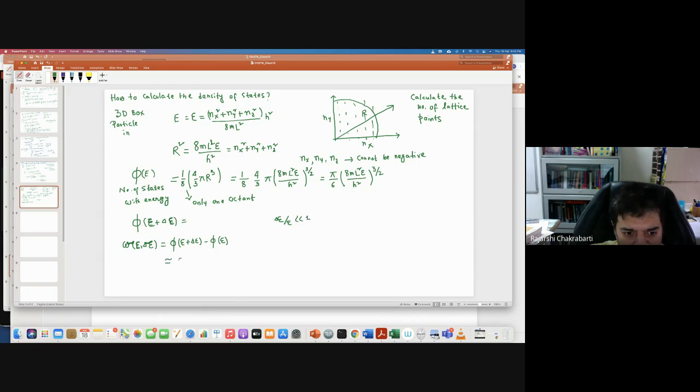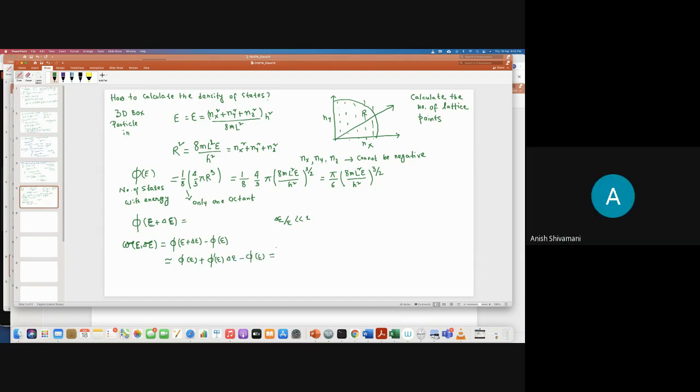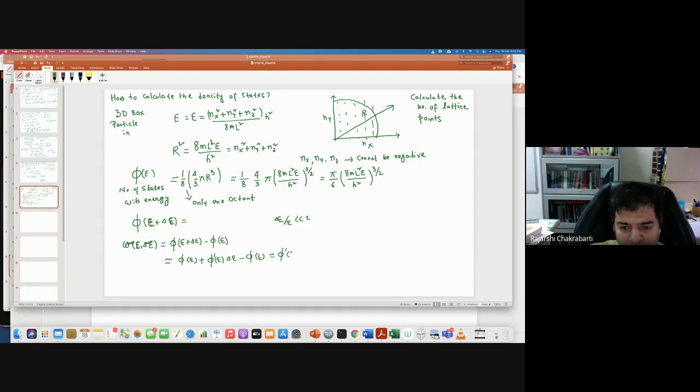I can approximate this as phi prime. Phi prime, you know what does it mean? Phi of epsilon is this. Then what is phi prime? Phi prime is going to be this.